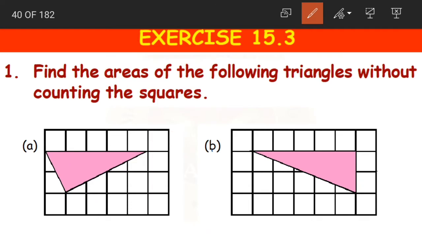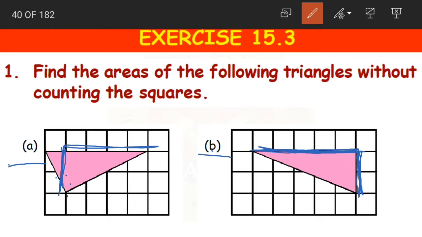See, if you look at triangle A and triangle B, you can find a difference. Here we are having a clear L shape. But in this triangle A, we do not have a clear L shape.